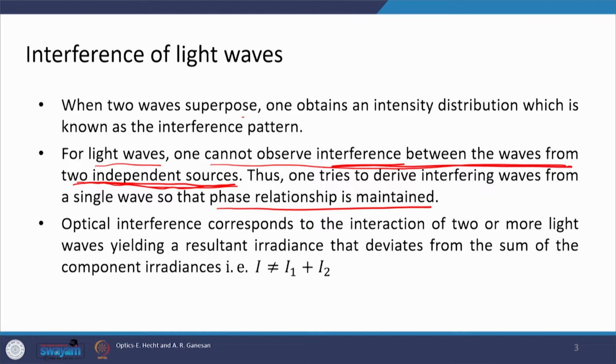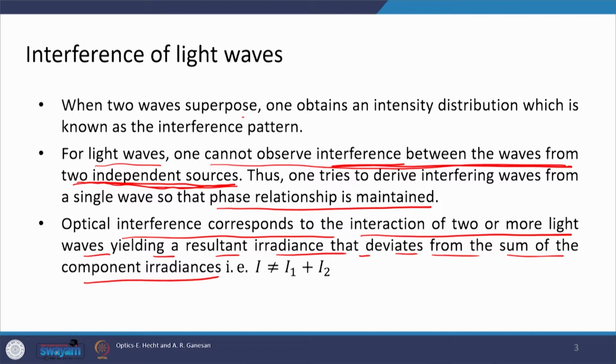Now, optical interference corresponds to the interaction of two or more light waves yielding a resultant irradiance that deviates from the sum of the component irradiances.